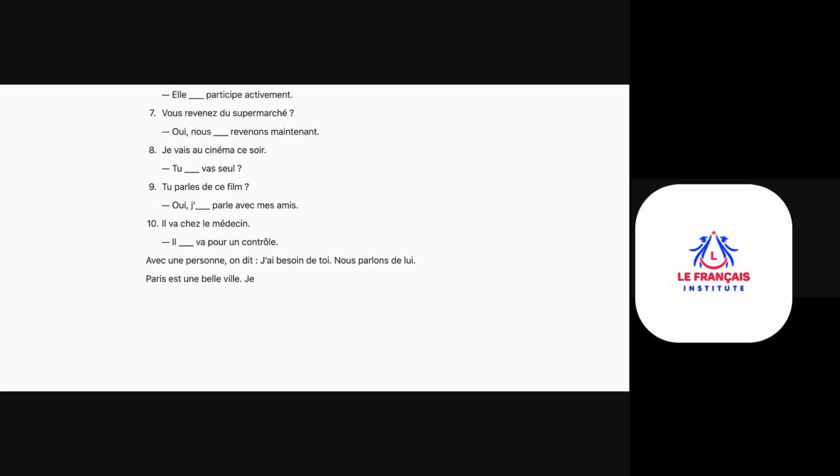I plan to visit it. To plan, prévoir. De la visite. What happened here? We didn't even use it. So planning to visit it. I'm planning to visit. There are two different sentences, becoming two independent sentences, I guess.